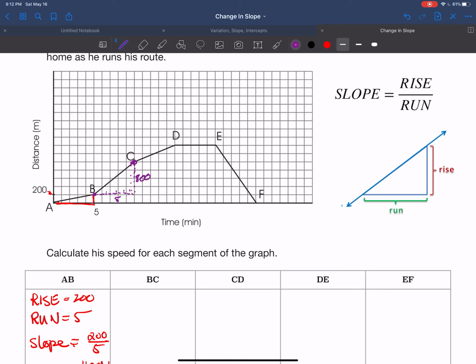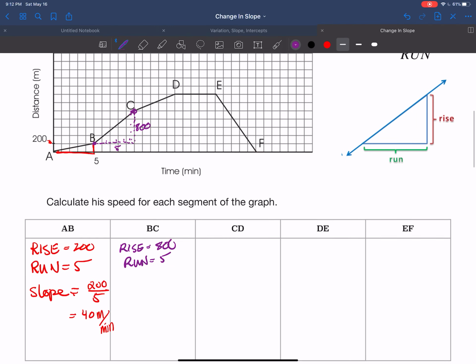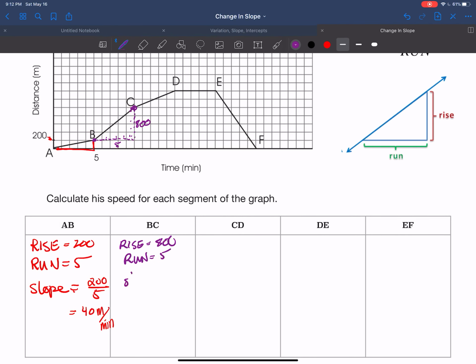So our rise is 800. The run is 5 minutes. So our slope is 800 over 5. Again, you want to divide that to get 160 meters per minute.